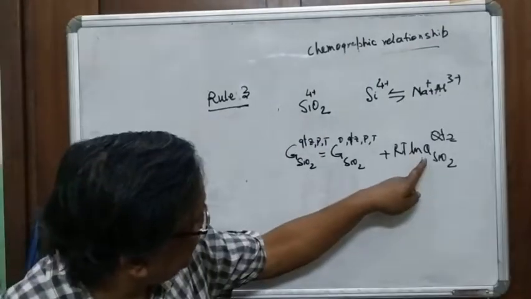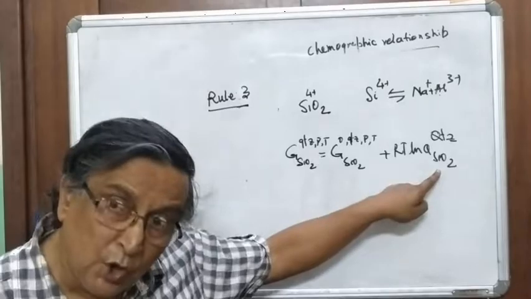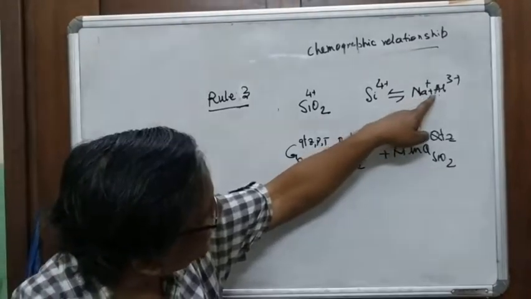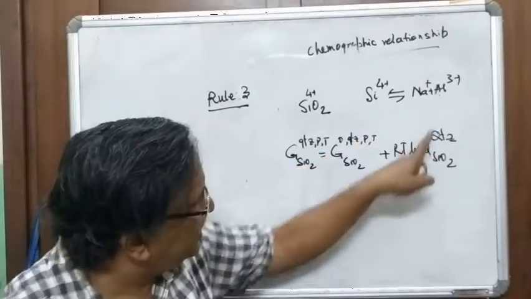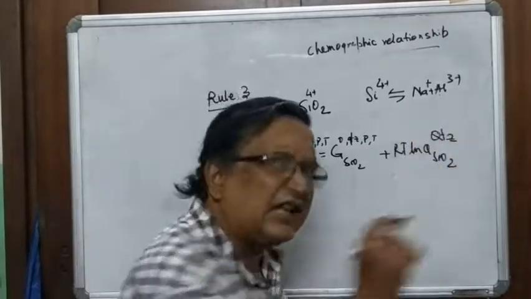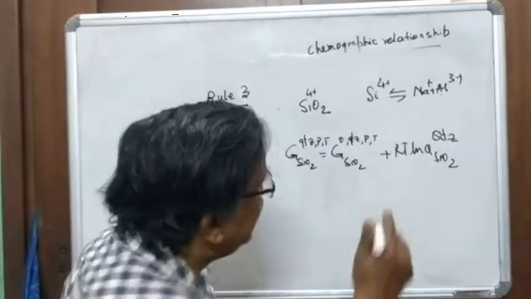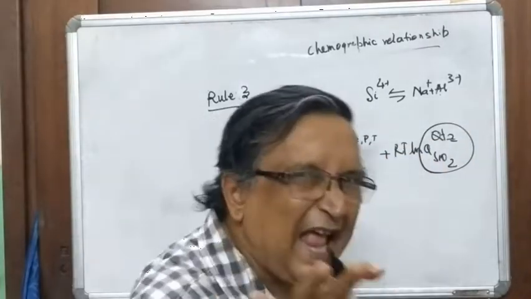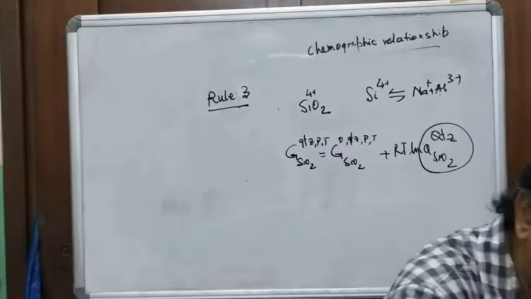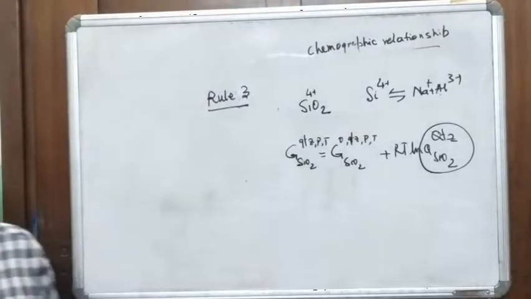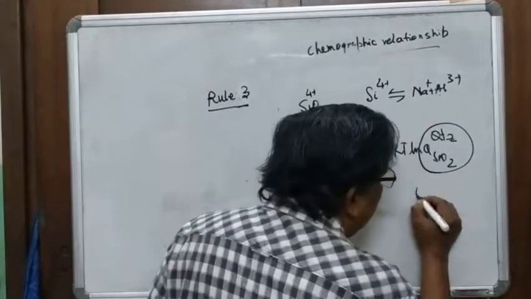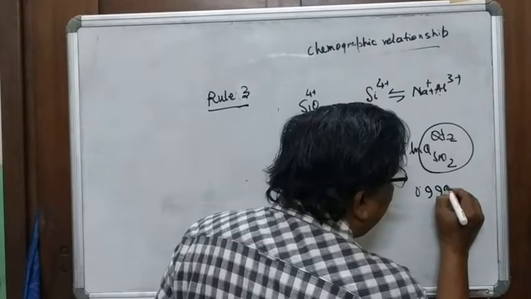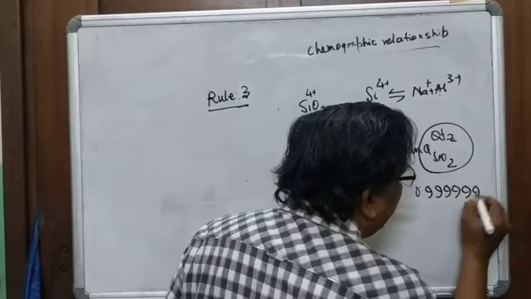So, if you have a SiO2 quartz where you know that you have been able to detect sodium and aluminium, but they occur in such a small amount that the activity of SiO2 quartz is approximately equal to 1. Otherwise, it may be 0.9999999.